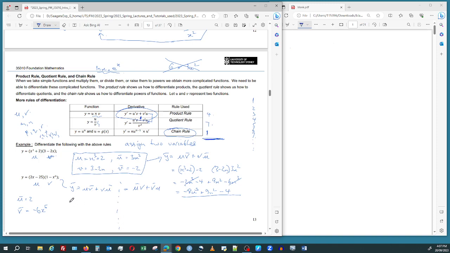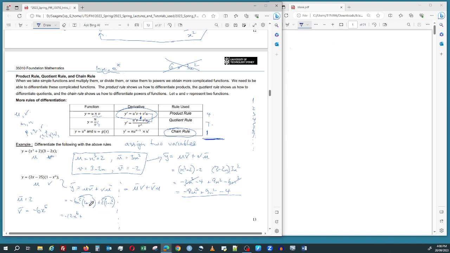Does not matter. Okay, so we get 2x^5 times V dash, so I'm going to put the V dash first. And U is 2x minus 25. V is that one, and U is 2, so we'll do plus 2 times 1, because we're just used to working on the left. Okay, now we've got to expand them. Taking care. So minus 12x^6. Minus times minus is a plus.